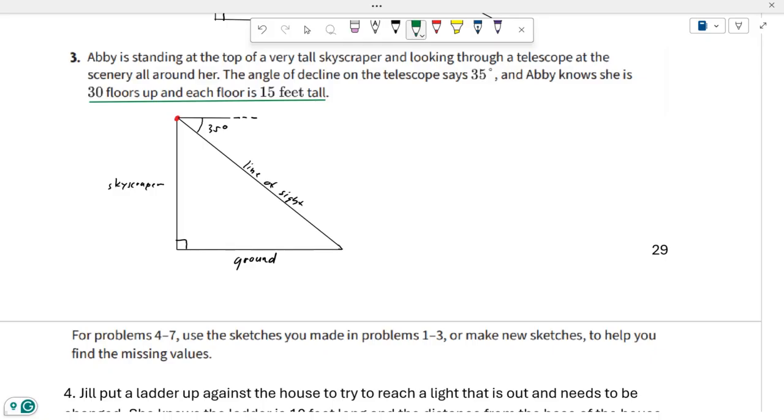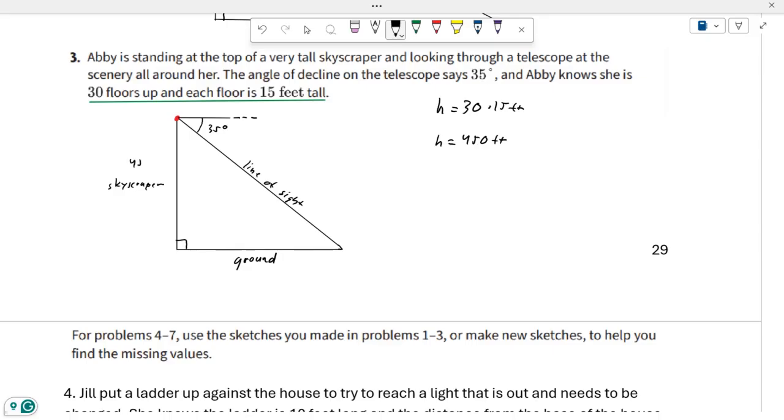Well, if she's 30 floors up and each floor is 15 feet tall, to get my total height I take each of the 30 floors and multiply each floor by 15 feet. Each one's 15, and there's 30 of them, so my total height is going to be 30 times 15, which is 450 feet.